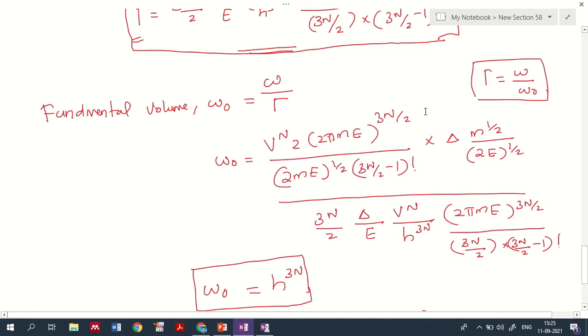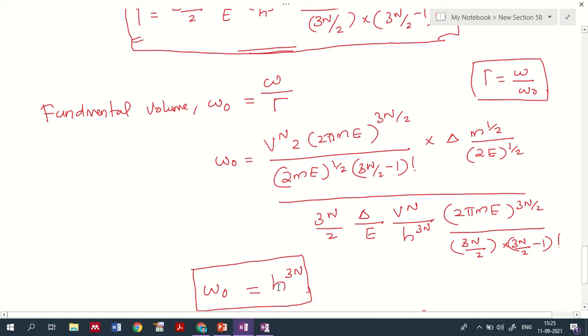Omega we already identified, and gamma also, and when you divide omega by gamma, almost all the terms get cancelled, which you can try out by yourself. The remaining is only omega 0 equals h raised to 3n.